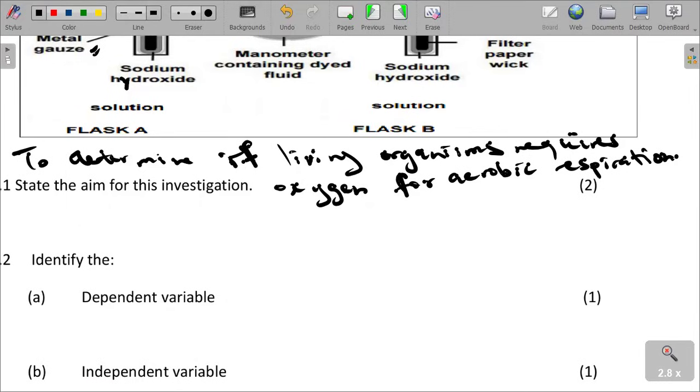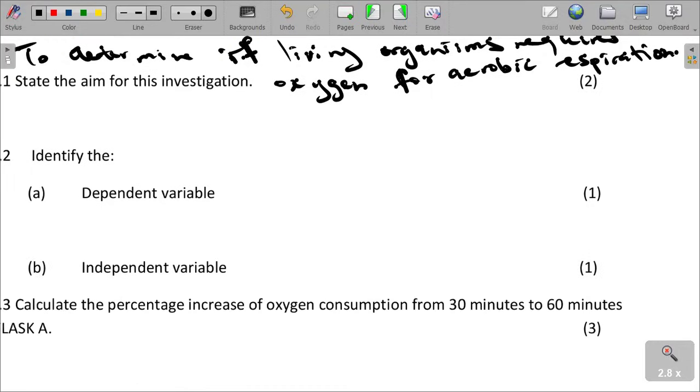So identify the dependent variable, the dependent and independent variable. Our investigation is on the amount of oxygen versus the absence or presence of living organisms. So oxygen is dependent on what? On the living organisms or non-living organisms.